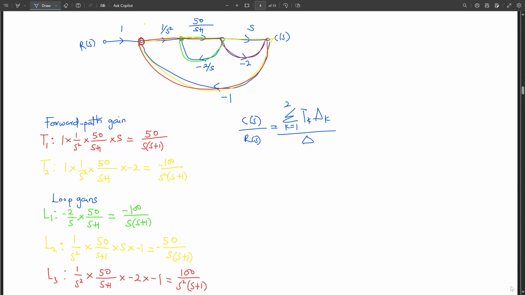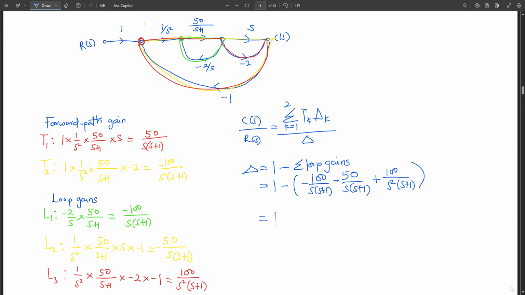The next thing to do is to find our delta, which is 1 minus the summation of loop gains. So 1 minus 100 over s plus 1 minus 50 over s plus 1 plus 100 over s squared times s plus 1.